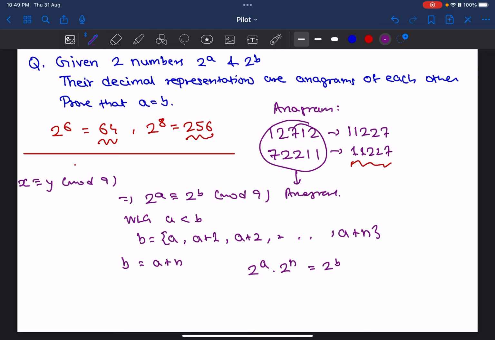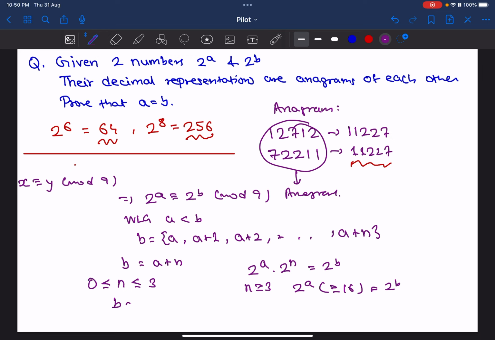In that case, n cannot be greater than or equal to 4, because that would be 2 to the power a times something greater than or equal to 16, which equals 2 to the power b. Then the number of digits of 2 to the power b would be higher than the number of digits in 2 to the power a, because you're multiplying 2 to the power a with something greater than 10. So n should be less than or equal to 3 and greater than or equal to 0.